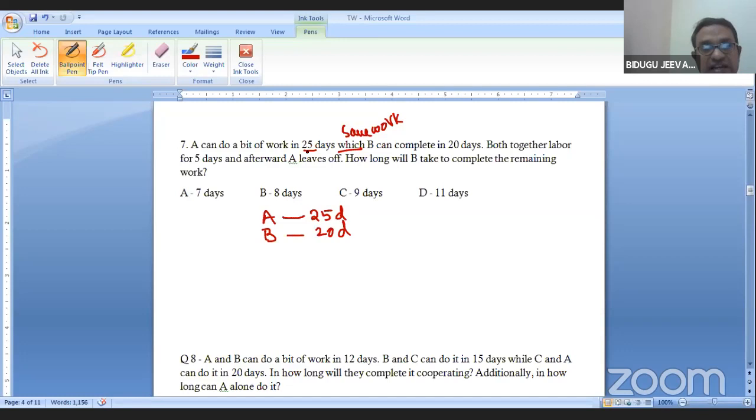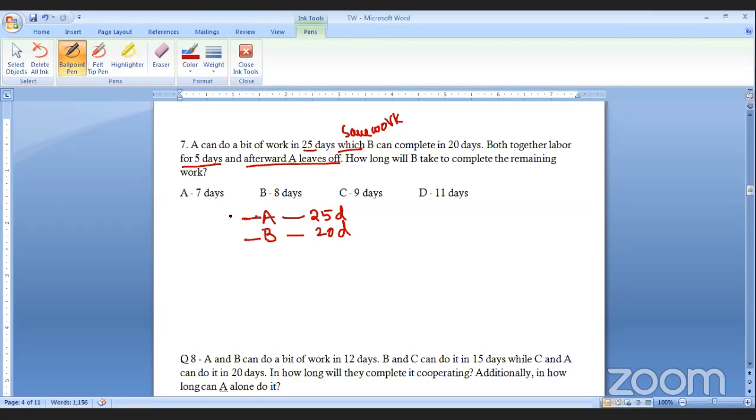Both together labor for 5 days. After that, A leaves. What is the meaning of this? Both worked for 5 days, then A left. Can you please tell me individually, how many days did A work? 25 days? No, that is his capacity. 30 days? Oh, no, not 30. See, don't get confused.